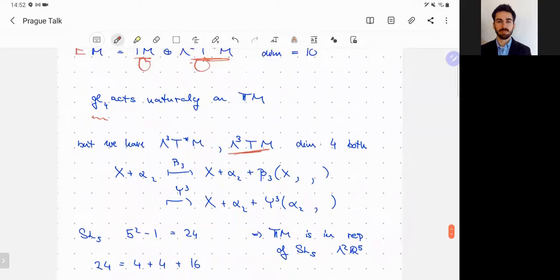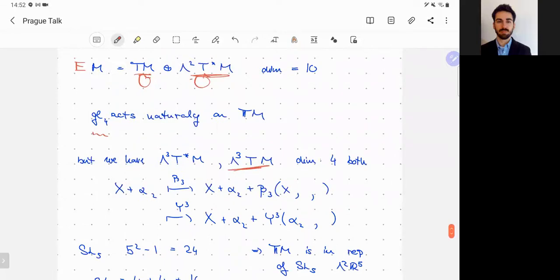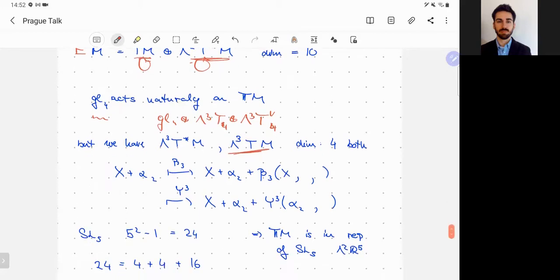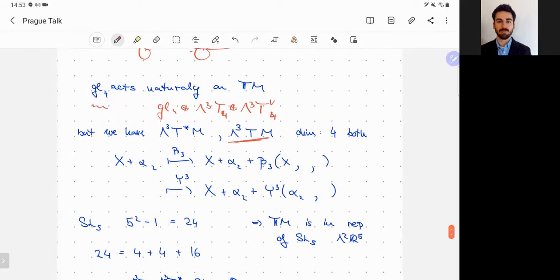So this was a decomposition of GL4, so GL4 plus wedge 3 T star plus wedge 3 T dual, with 4 as in the dimension of the representation of GL4. You can put them together into SL5, which seems to be the right dimension, because this is GL4, that's 16, plus 4 plus 4, so that's 24.